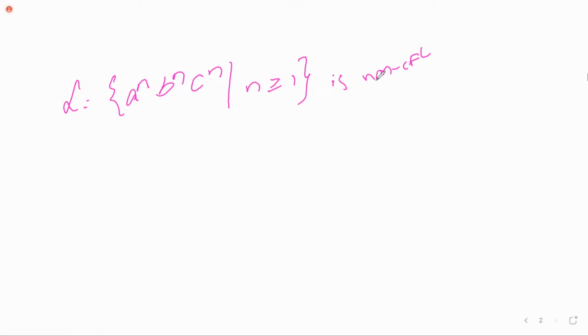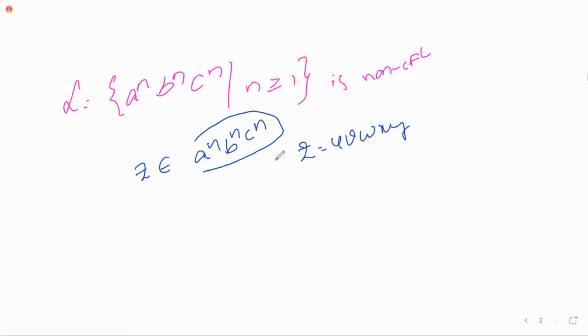What we discussed, Z belongs to L. So Z belongs to L means simply Z belongs to a power n, b power n, c power n. According to the definition, Z equals UVWXY. But here we have only 3 symbols, whereas for Z we need 5 symbols. So how can we do that? I'm writing this a power n, assuming n like k, a power k, b power k, c power k.